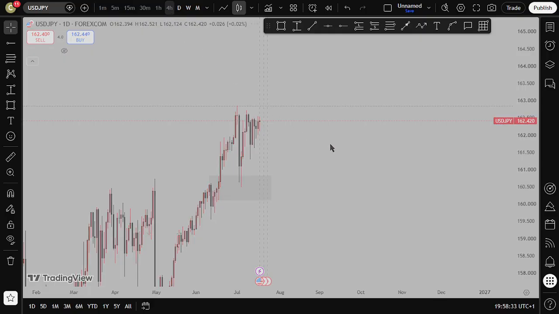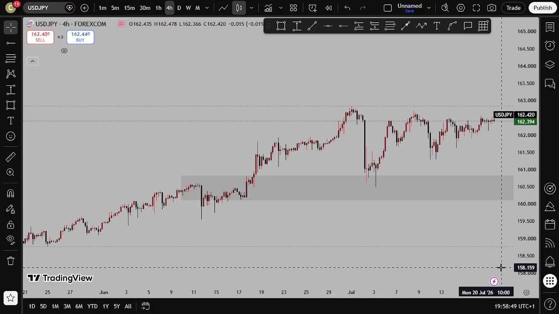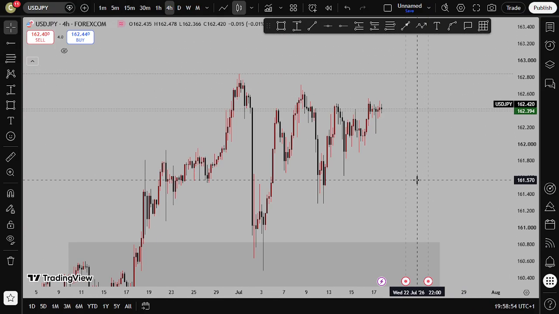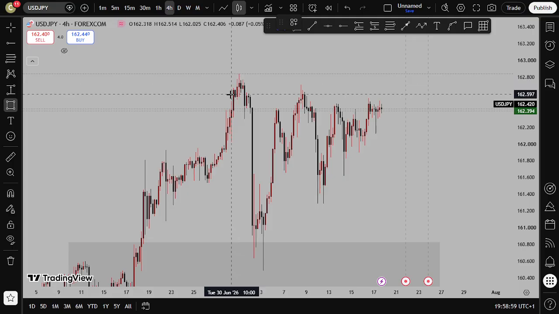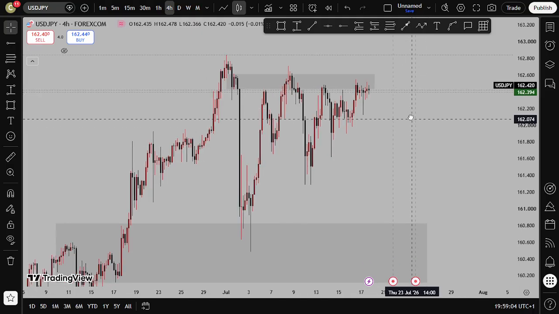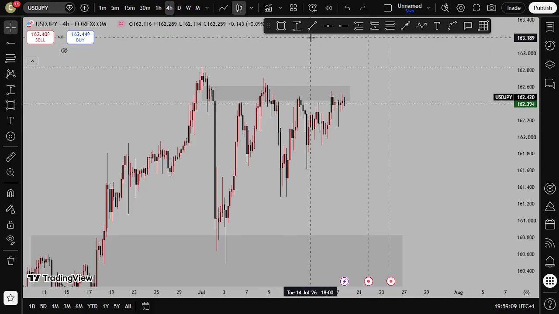Going to the 4 hour for our structure. After pushing up, price has been reacting from this supply, but we are still bullish. So I expect price to break above this line.